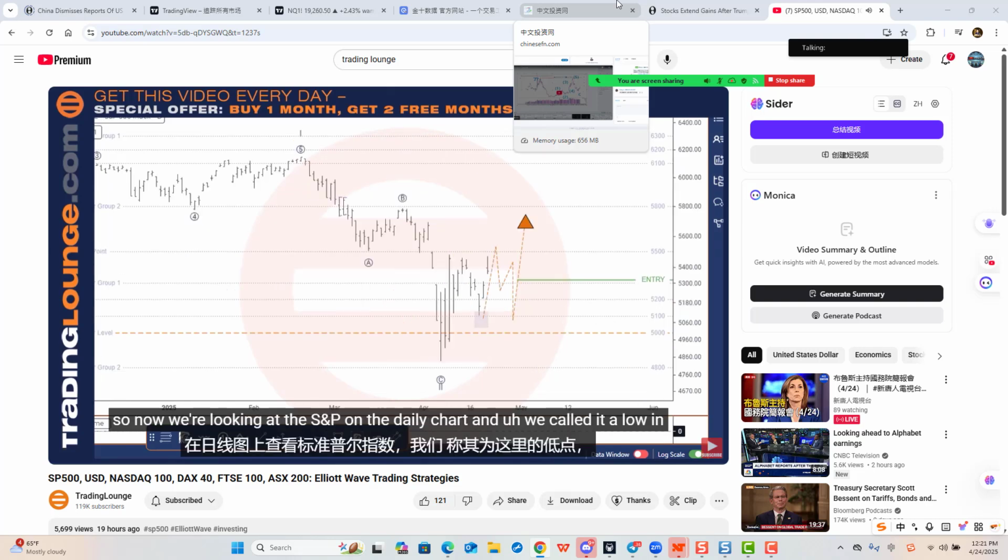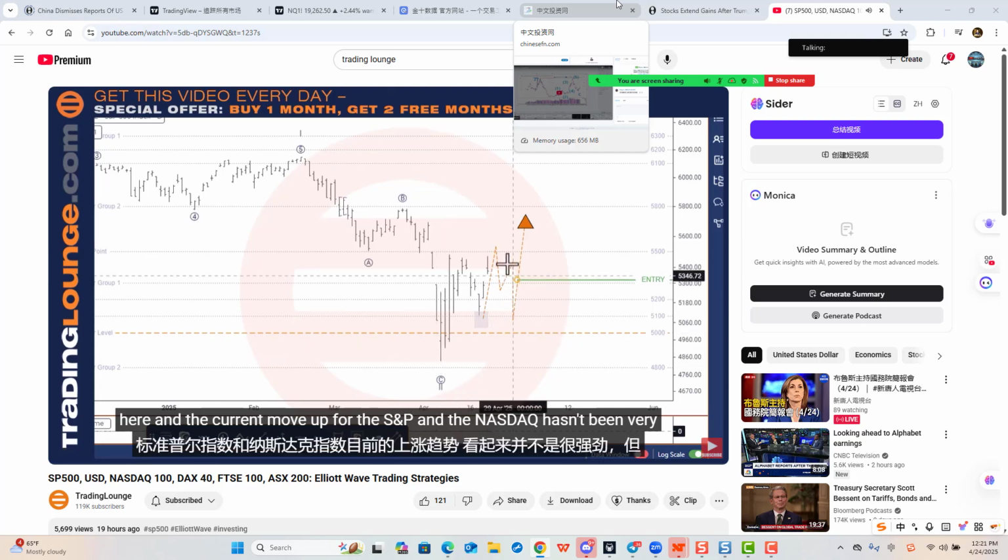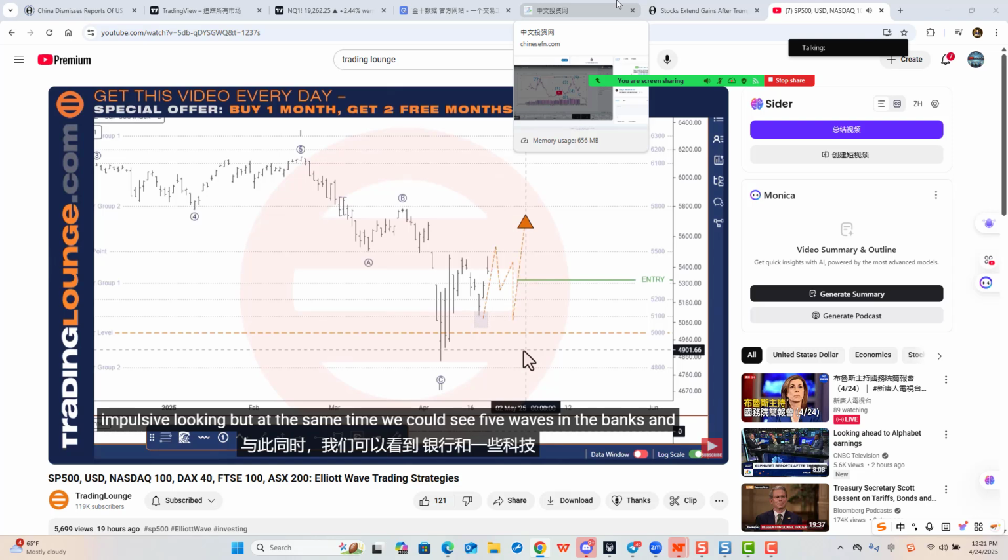So now we're looking at the S&P on the daily chart, and we called a low in here. The current move up for the S&P and the Nasdaq hasn't been very impulsive looking, but at the same time we could see 5 waves in the banks and in some of the tech stocks.